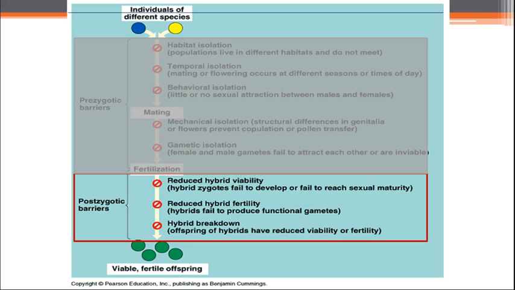That means that the hybrids fail to develop or to reach sexual maturity. You have reduced hybrid fertility. That means that the hybrids are sterile, like in the case of mules, and we'll talk about mules later too. And then you have hybrid breakdown. The offspring can have their own offspring, but those have reduced viability or fertility.